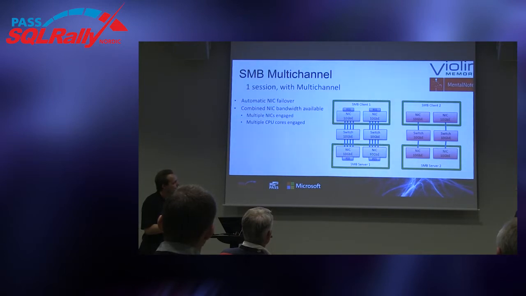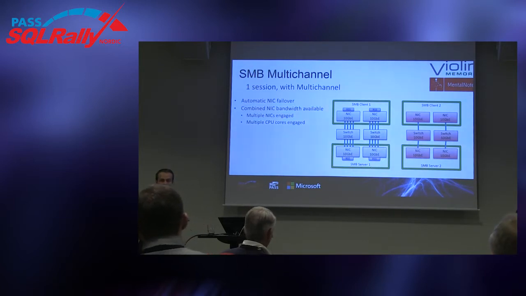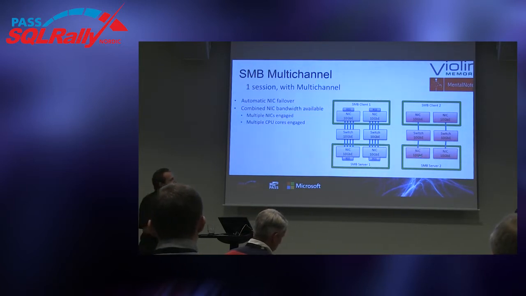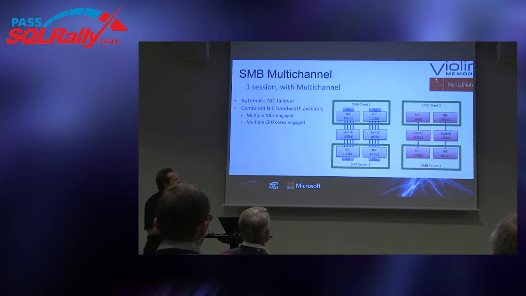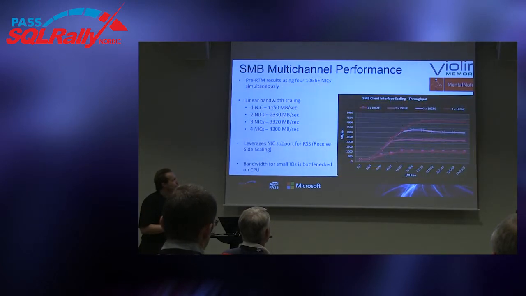The capability to do this requires RSS, receive-side scaling, but I think servers in the last 10 years have had that capability. So this is just to show that if you are not RSS capable on your NICs, but I'm pretty sure you are, it will only open one lane on each NIC. And the good thing about this is it's linearly scalable.